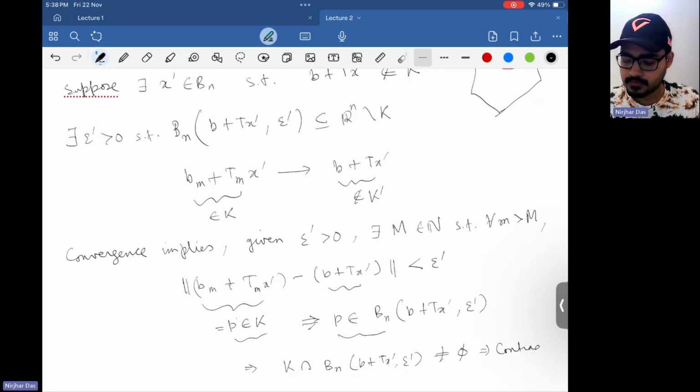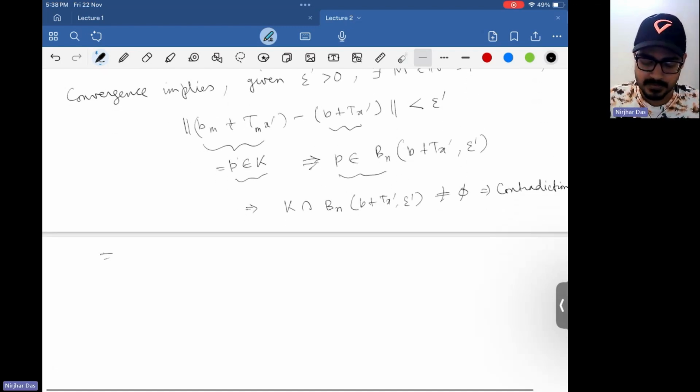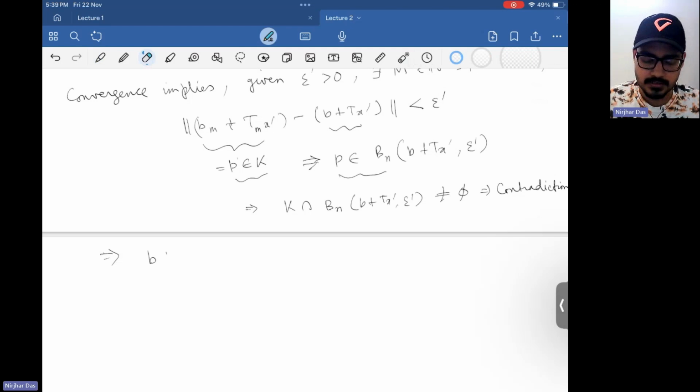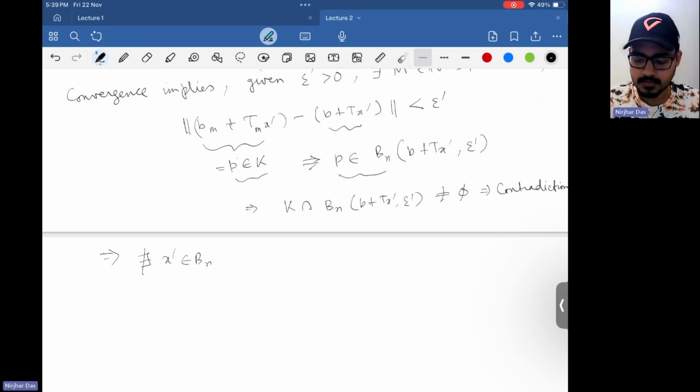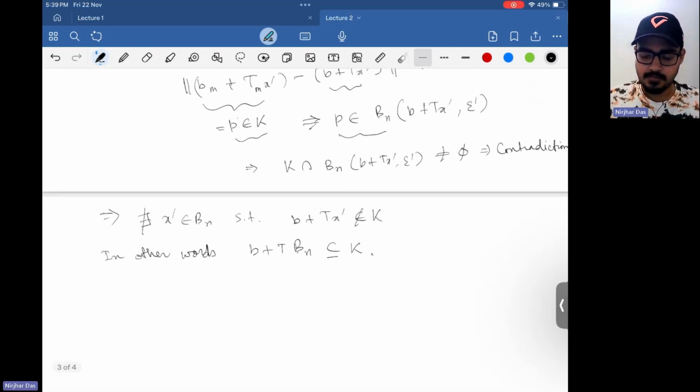And therefore, we have that there exists no x dash belonging to Bn such that b plus Tx dash does not belong to K. In other words, the ellipsoid b plus T of Bn is a subset of K. So we have shown that, and moreover, note the volume.